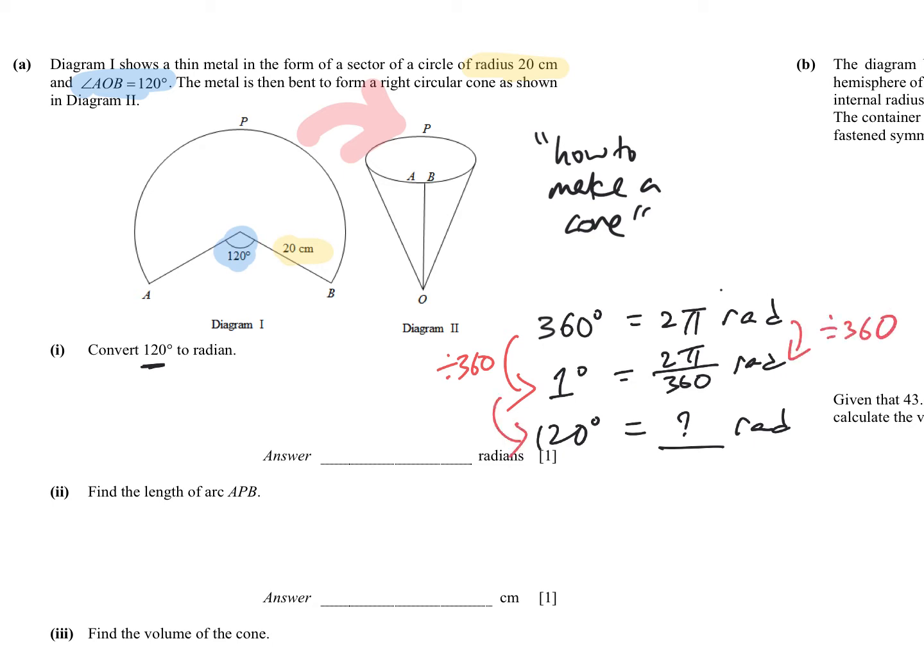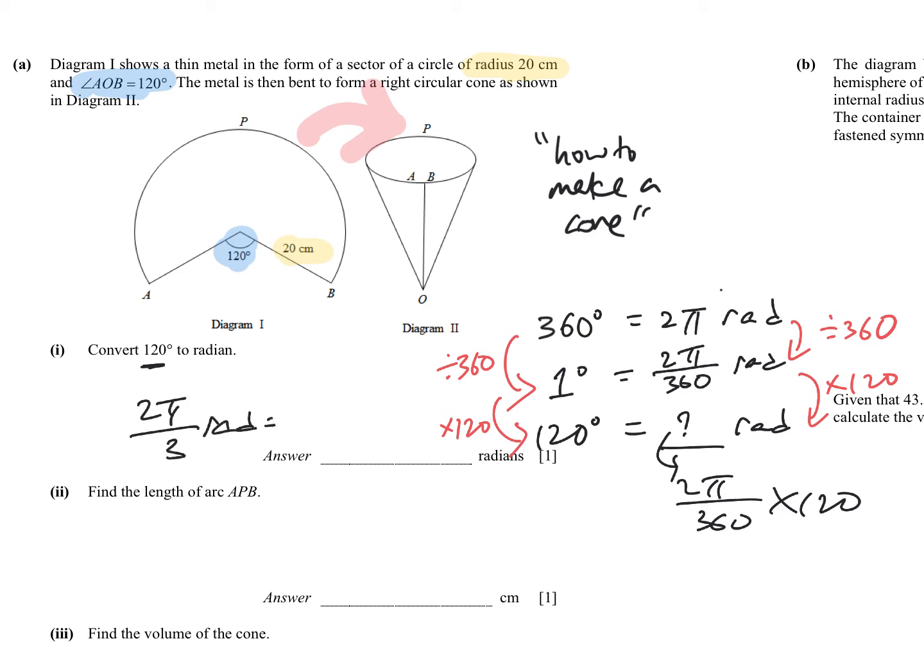And then you want to get 120 degrees, so you multiply by 120 on both sides. What you get is 2 pi over 360 multiplied by 120. Key that into your calculator, and you will get 2 pi over 3 radians, or 2.09 radians. So I'll just write over here 2.09 radians.